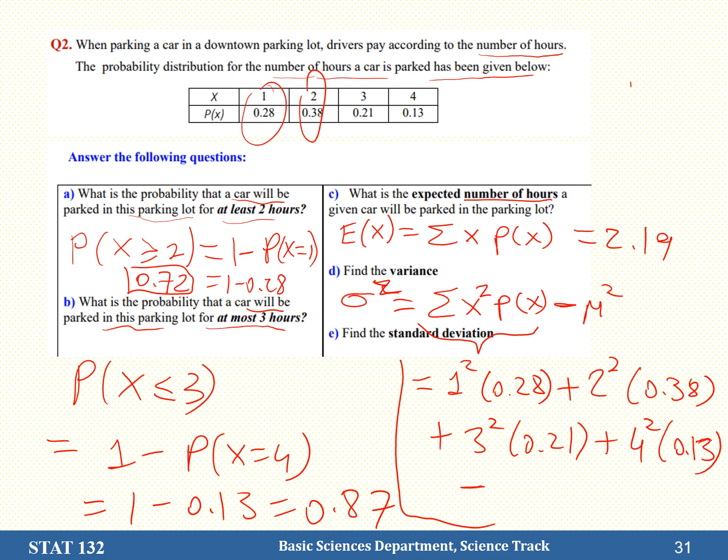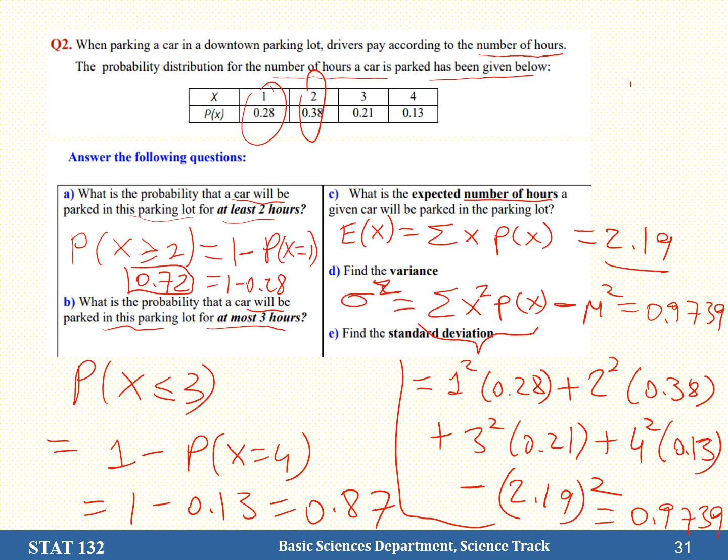minus mu squared, which is here 2.19 squared. And when we do this calculation, equal to 0.9739, and this is the variance, 0.9739.